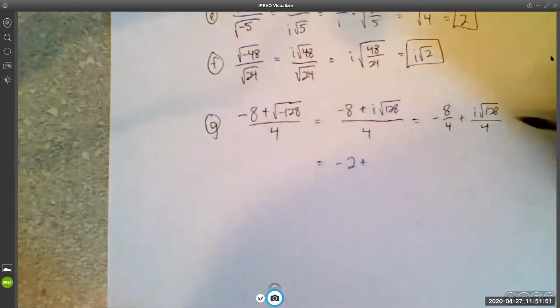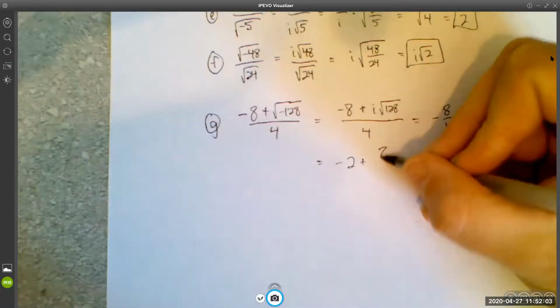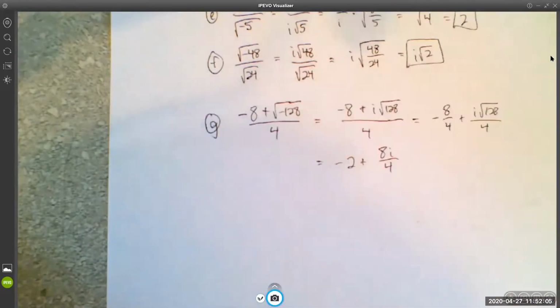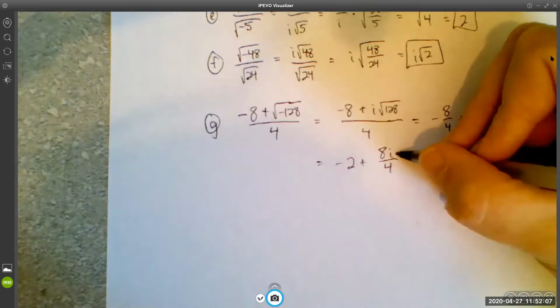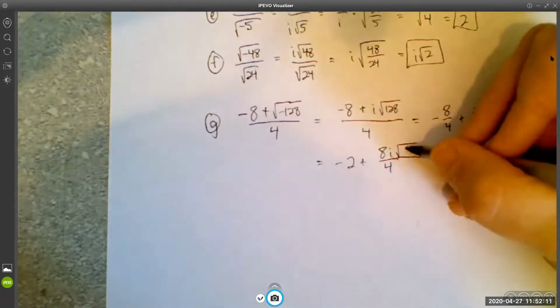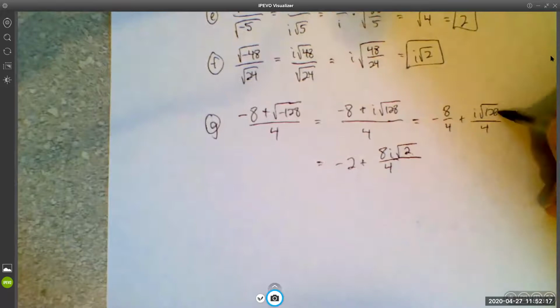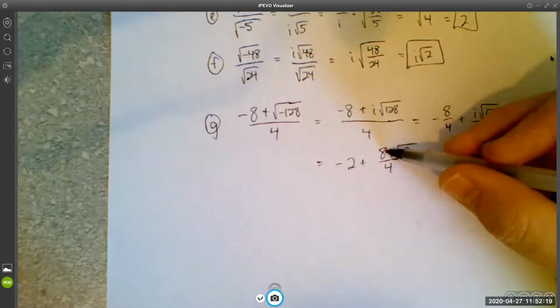Square root of 128. 64 goes into 128, and 64 is a perfect square. 64 goes in twice, right? The square root of 64 is 8, so this is going to be 8i over 4. Oh, 8i, sorry. 64 goes into 128 twice, right? So this is 64 times 2, so the 2 stays there, and the root of 64 comes out as an 8.